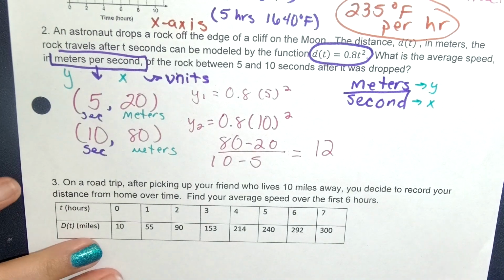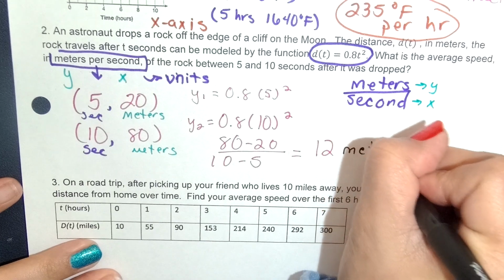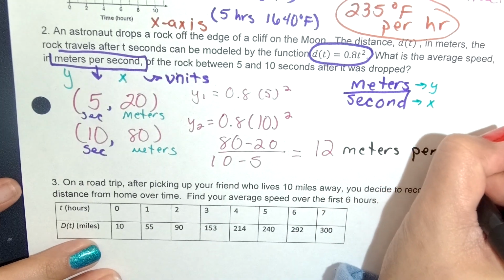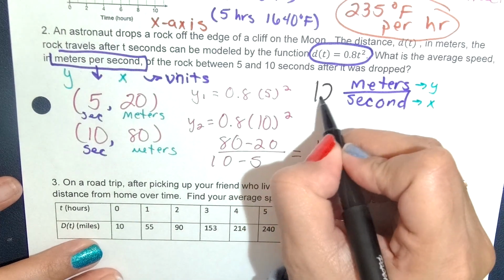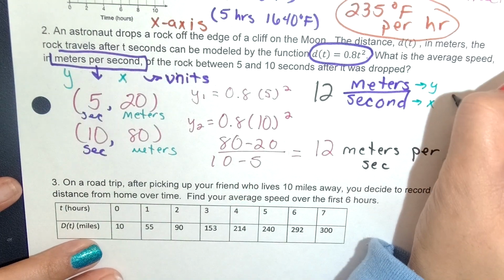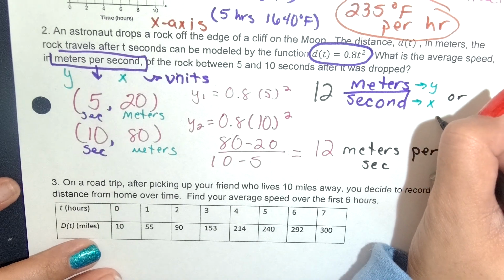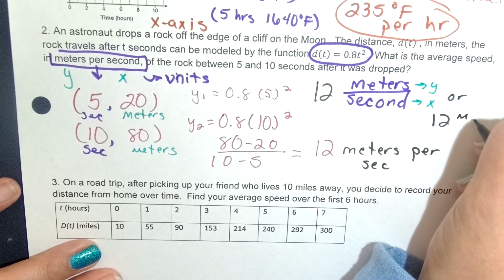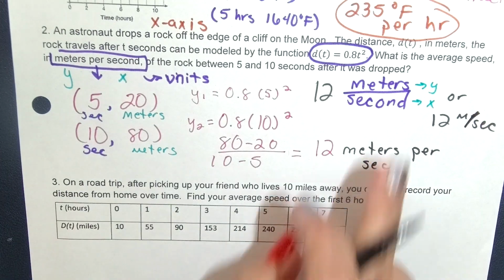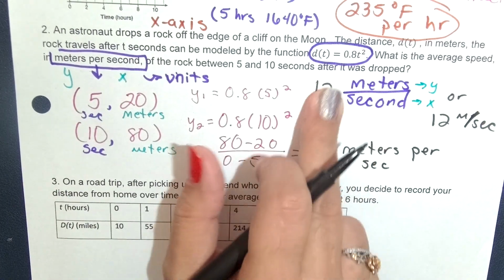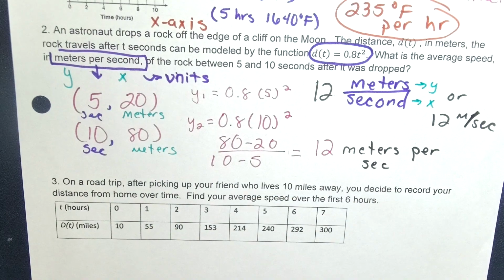Units. So you could put 12 meters per second, or you can write it 12 meters per second, or 12 meters per second. Okay, any of these three things will count. Any of those three.